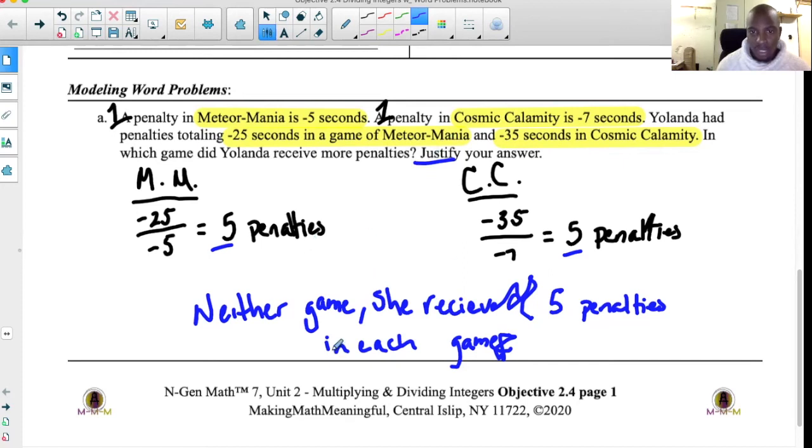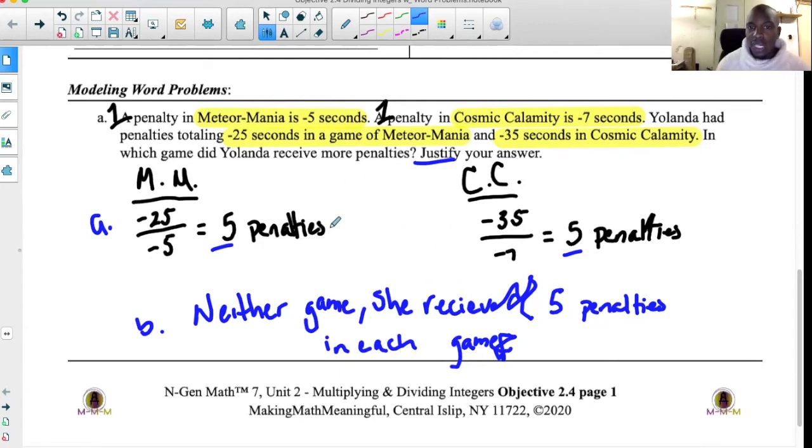So I did both of these to show you there's 2 ways of answering problems that say justify. The word justify means show your work, as I did up here. Let's call this option A. Or explain it to me in words, telling me neither game. She received 5 penalties in each game, which still lets me know you've calculated and you've been able to find out that 5 penalties were in both games.